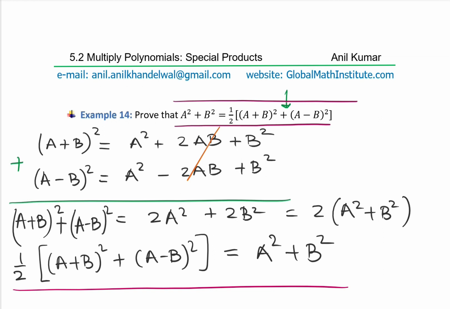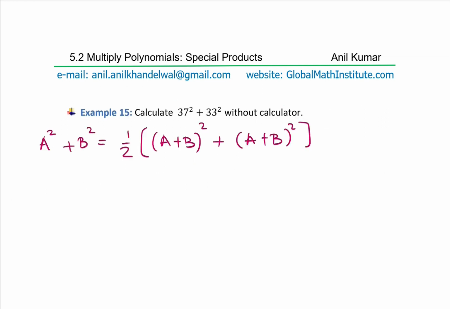A square plus b square is half of a plus b whole square plus a minus b whole square. So we're going to apply this formula now. Perfect. So what is a and what is b in this case? Well, in this particular case, you can say that a is 37 and b is 33. Clear? So let's do it.